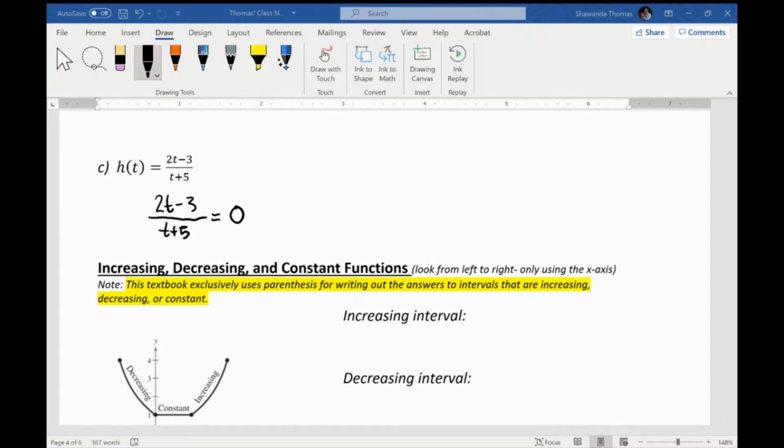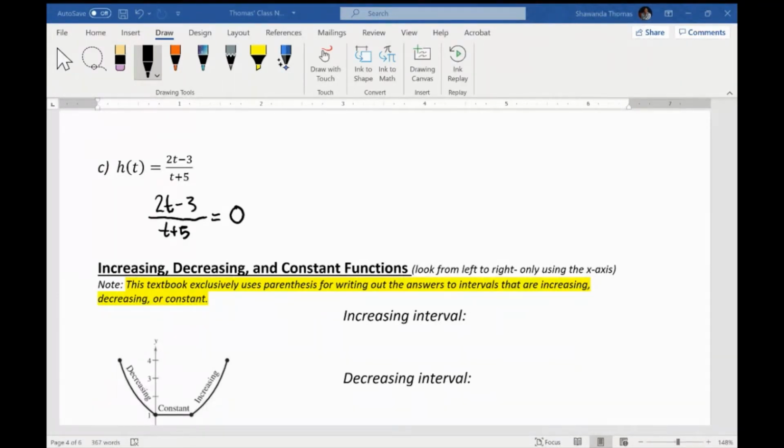It's a fraction, a whole fraction. What would y'all do? You gotta get rid of the t plus 5 in the denominator, so you gotta multiply it by t plus 5 on both sides.